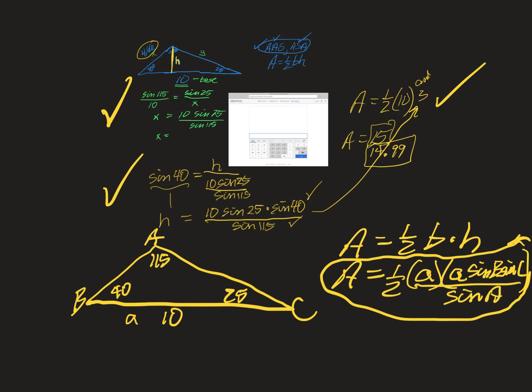And so what's the labeling? The two angles by the given side. Okay? Whether they give you these two angles or they give you these two angles, the ones by the side are the ones that are multiplied in the numerator. The one that's off by itself is the one in the denominator. And whatever that given side is, you'll have A times A or A squared. All right? So this is another area formula. All right? Let's go to the next one.